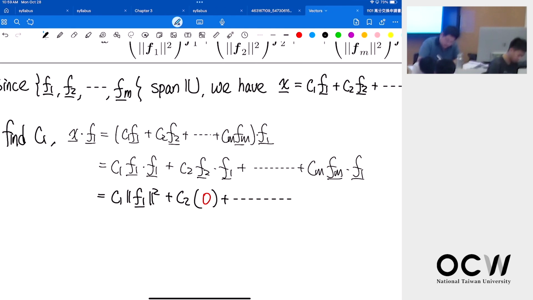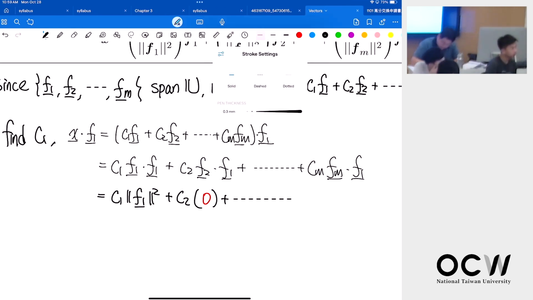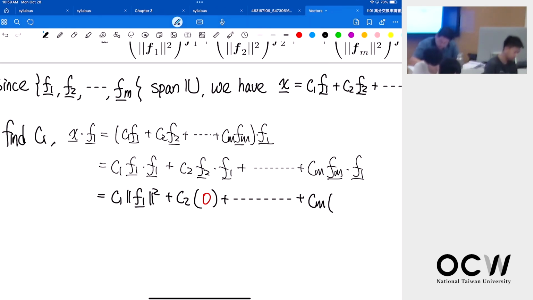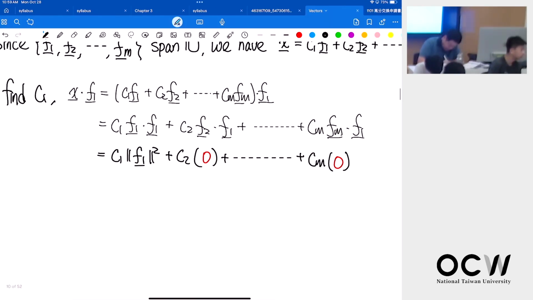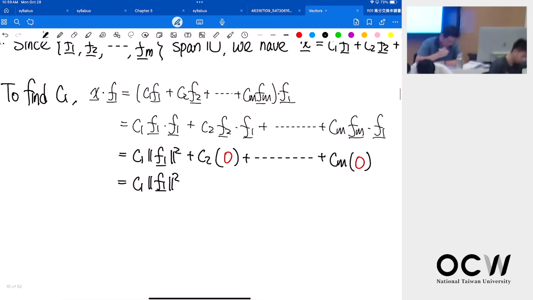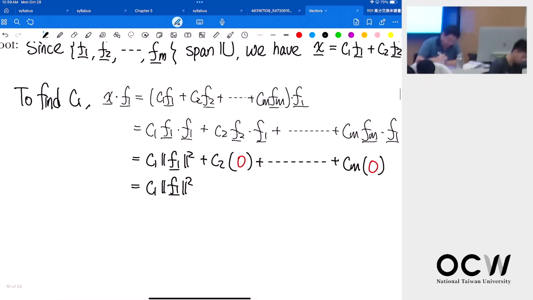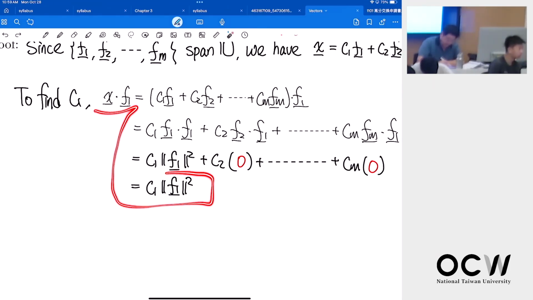Cm Fm dot product F1, because they are orthogonal, the inner product or dot product is 0. Then we get C1 times the norm of F1 squared. And we know that for this equation F1 is not 0, so the norm is not 0. Then we can get C1.